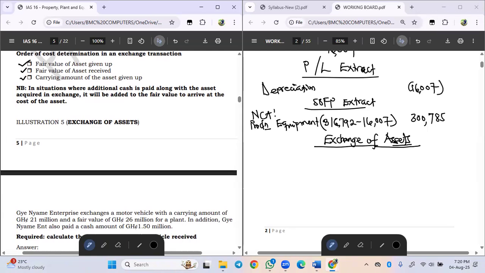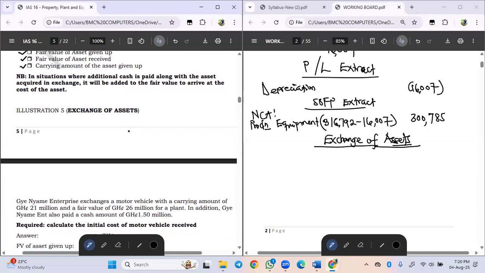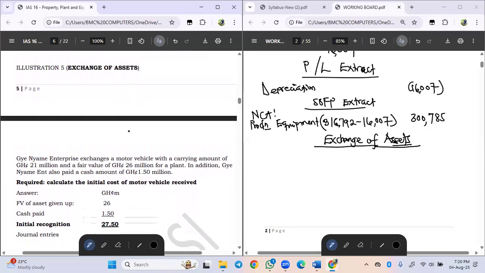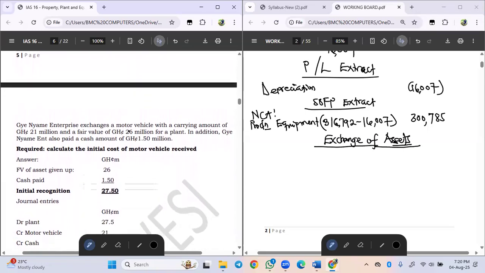That money you are adding will be added to the fair value of the asset that you want to receive. And that will be the amount you are going to recognize in the statement of financial position. So let's look at this particular example. Maybe the talking might be confusing, but let's see.